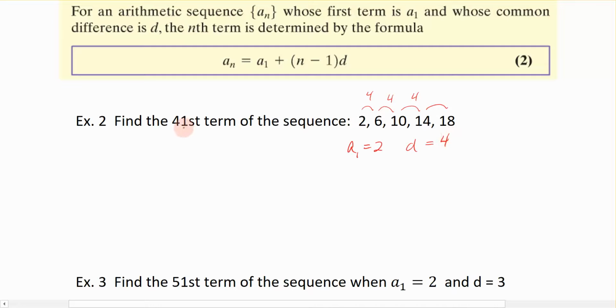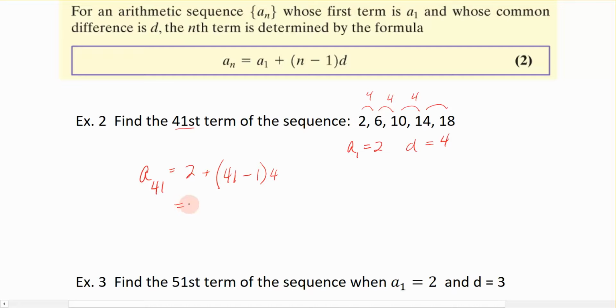Now I'm being asked to find the 41st term of my sequence. So that says a sub 41 is equal to my first term 2 plus n, which in this case is 41, minus 1 times the common difference of 4.